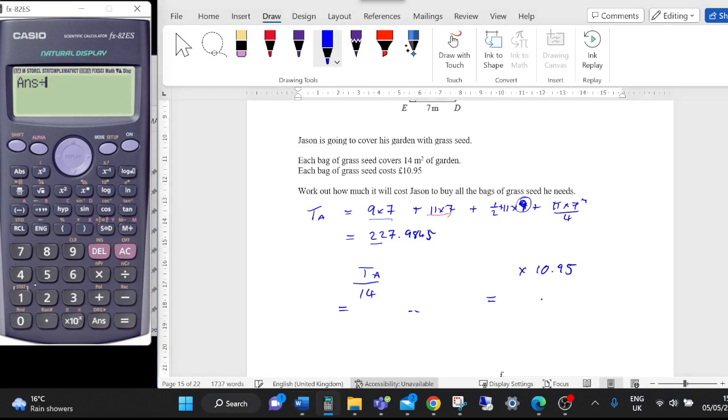When I divide that by 14, I get 16.284... So I need 17 bags. So 17 times 10.95 gives me the value of £186.15.